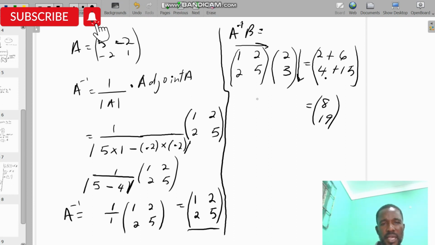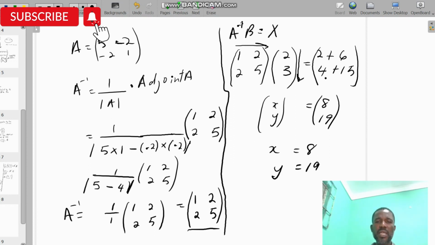Therefore, this is saying that x and y is equal to 8 and 19. So that means x is equal to 8 and y is equal to 19. Because remember, A inverse times B is going to be equal to X, and X is equal to x and y.